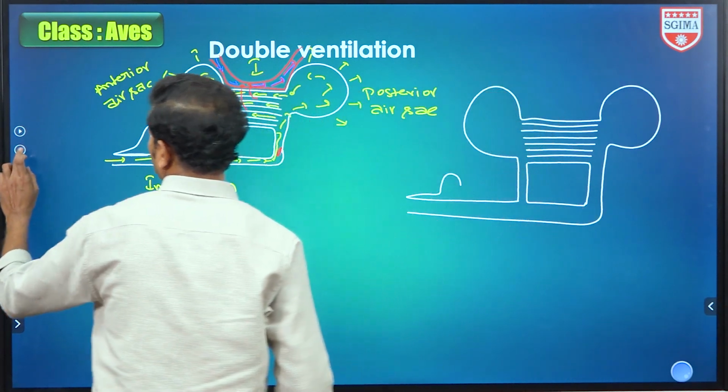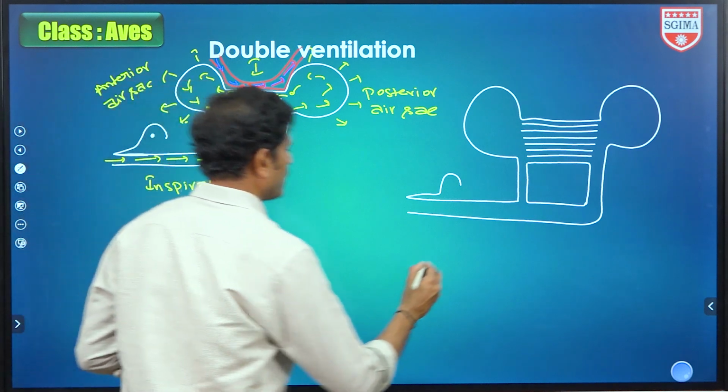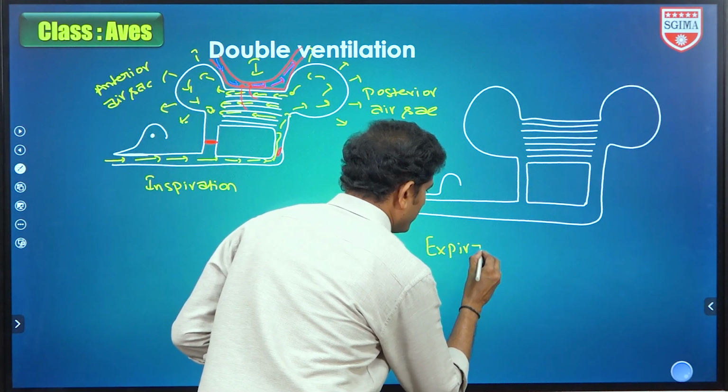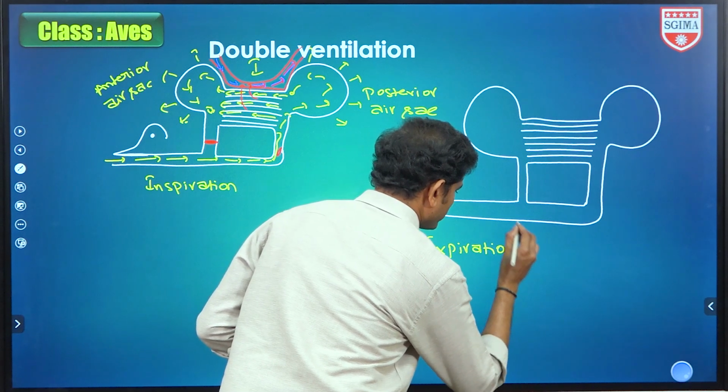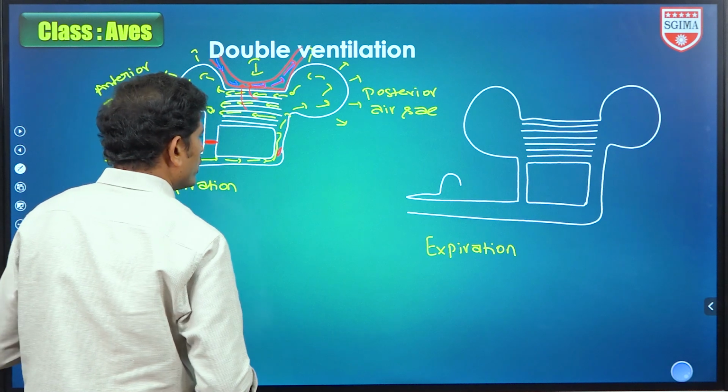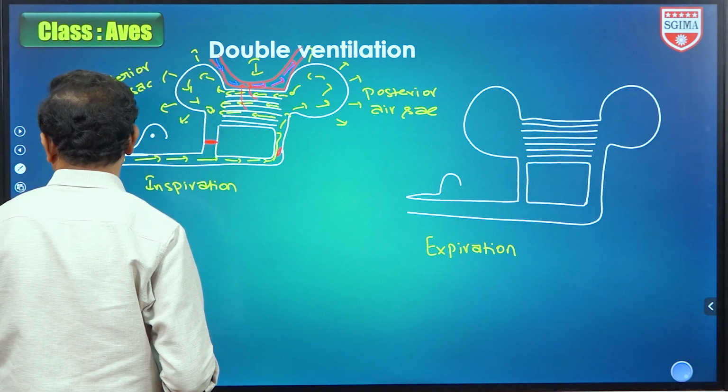So this is the expiration process. Expiration. Now in expiration, air will be sent outside.